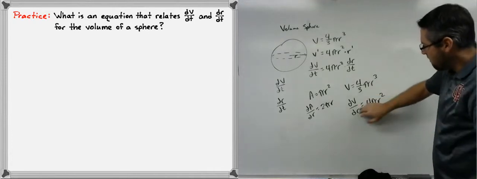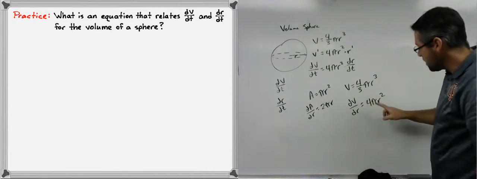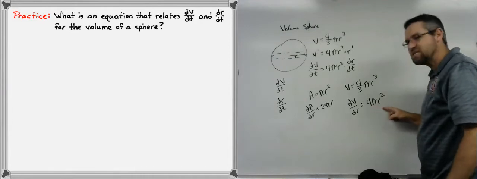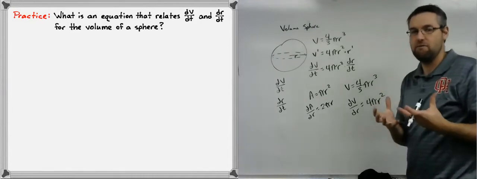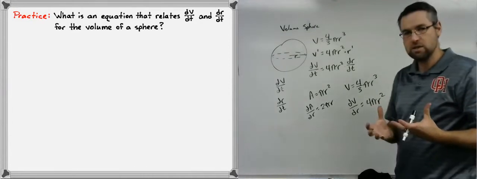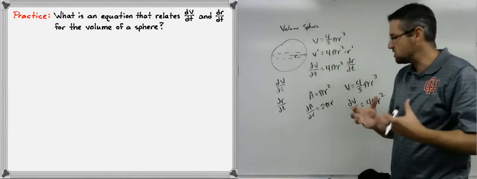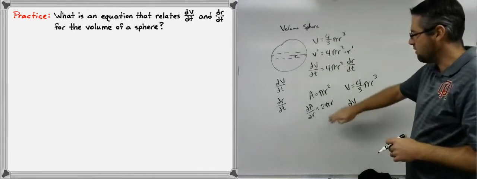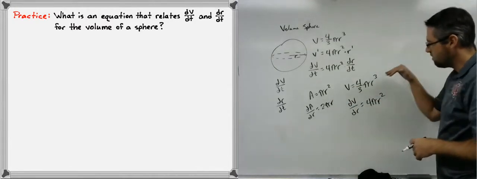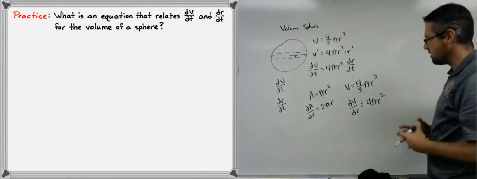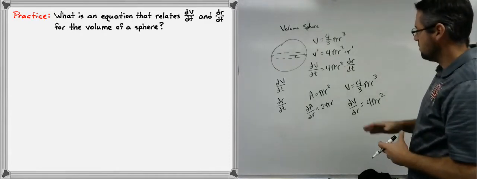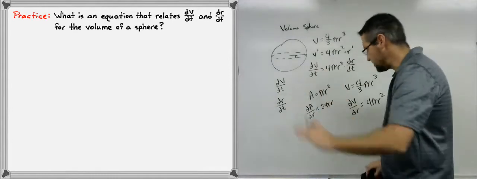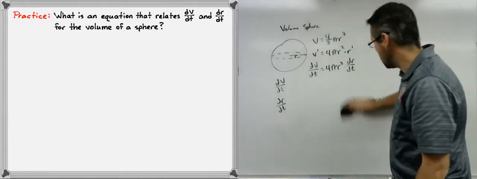The derivative of the volume of the sphere with respect to r is, what is this equation? That's the surface area of the sphere. It's crazy to think about. That relationship is there: the derivative of area is circumference, and the derivative of volume is surface area. That's kind of cool. Now, that's just a side note because that wasn't the question here.